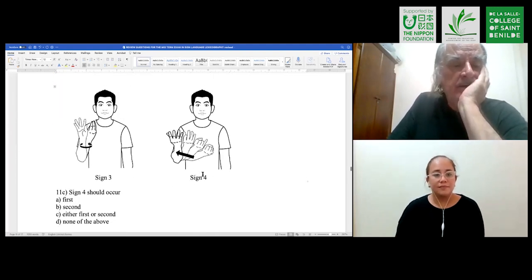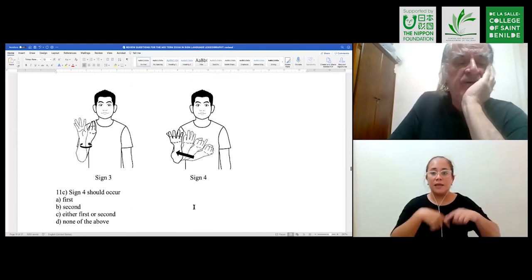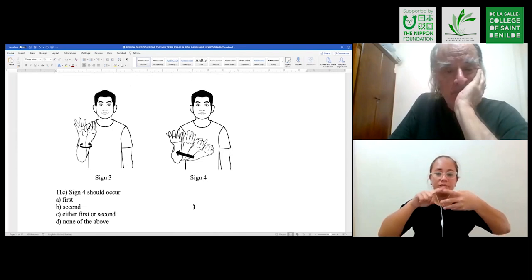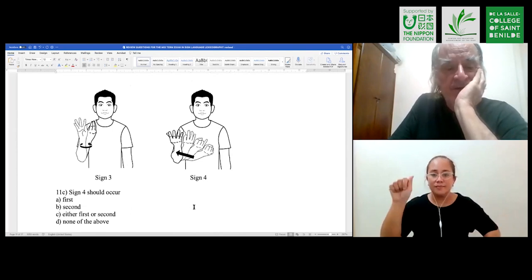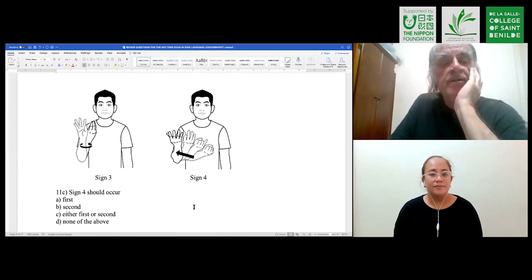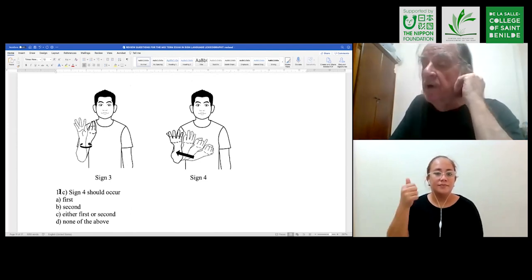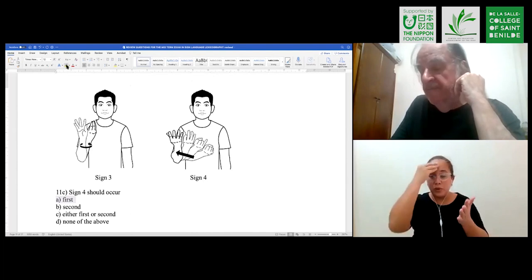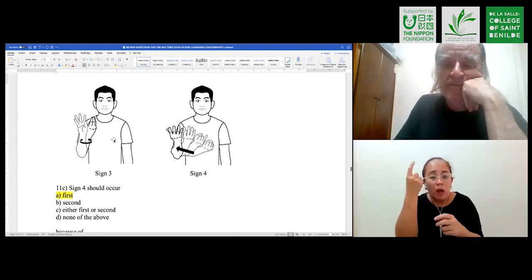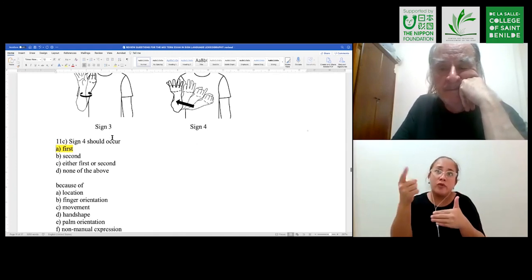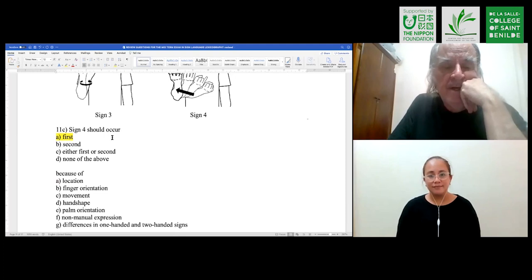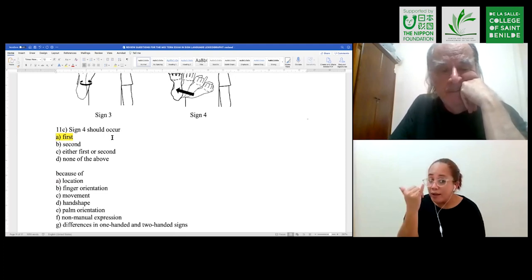All right, sign 4 should occur first or second? A. A, first, yes. So the way to learn this well for the test is to make sure you understand before, after, first, second. Okay, and because of? D. Hand shape. Same. Yes.